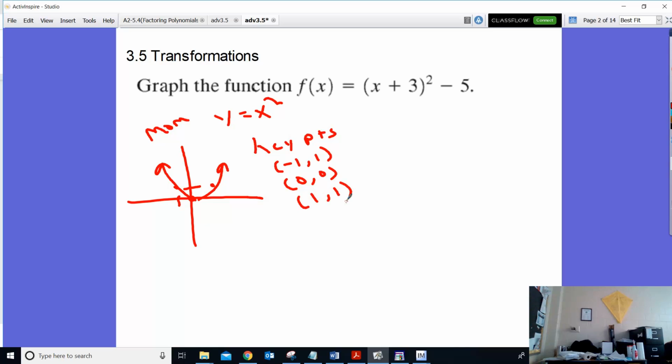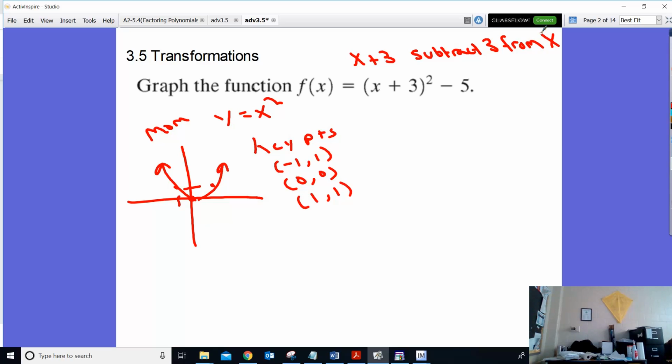I'm going to show you how to do this 2 ways. First way is probably going to be the most confusing, okay? The first way is to manipulate points. But it also shows that you truly understand what's happening. Now, this x plus 3, it's telling us to subtract 3 from x.